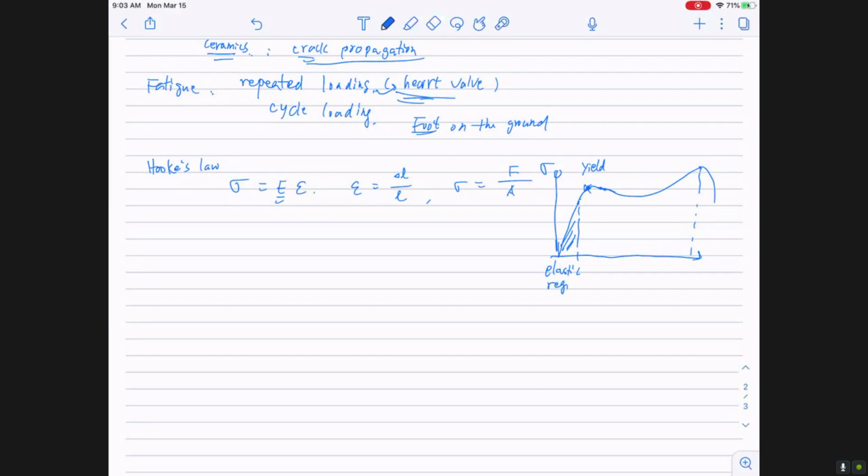After the elastic region, that's the yield point, and then the plastic region.